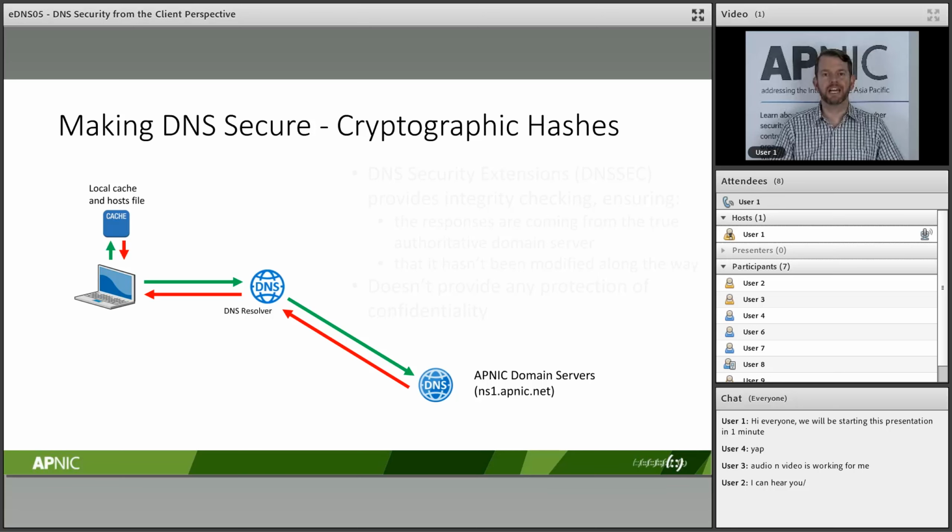So the DNSSEC integrity checking ensures that responses are coming from the true authoritative domain server and that it hasn't been modified along the way. Now, for this verification and checking, there's no layer of encryption on DNSSEC. It's just providing the cryptographic hashing to confirm that nothing has been modified.